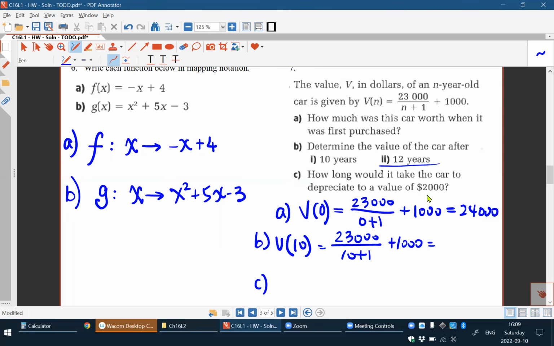How long would it take the car to depreciate to a value of 2,000? So what does this mean? This means you want to find n such that V(n) equals 2,000, right? What is V(n)? V(n) is 23,000 over n plus 1 plus 1,000.